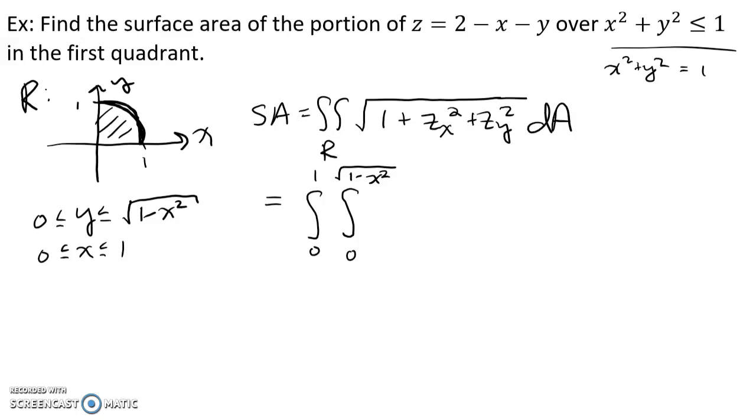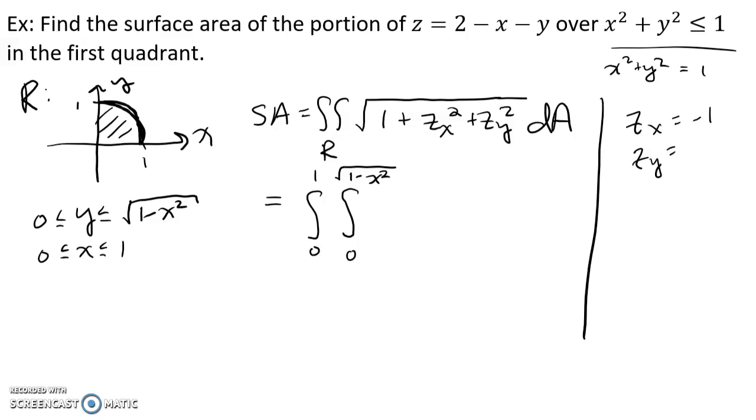And you'll notice we're going to need, let's do a little side work over here, z sub x and z sub y, so those partial derivatives. So z sub x, well, the derivative of 2 goes to 0, negative x with respect to x will go to negative 1, and then negative y with respect to x will also go to 0.